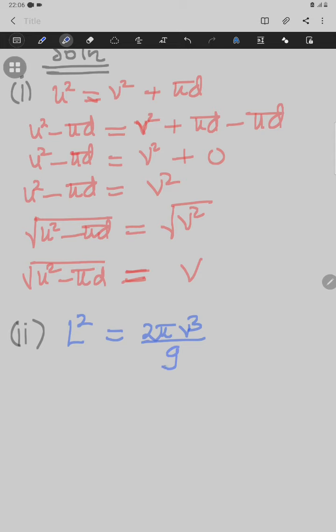So we are going to ensure that the V cube stands alone. So we are going to multiply through by the LCM. This is over 1. So the LCM of the denominators will be G. That is G.